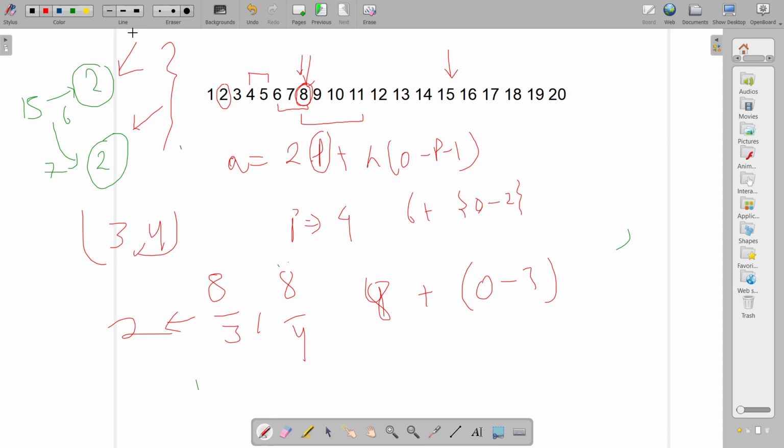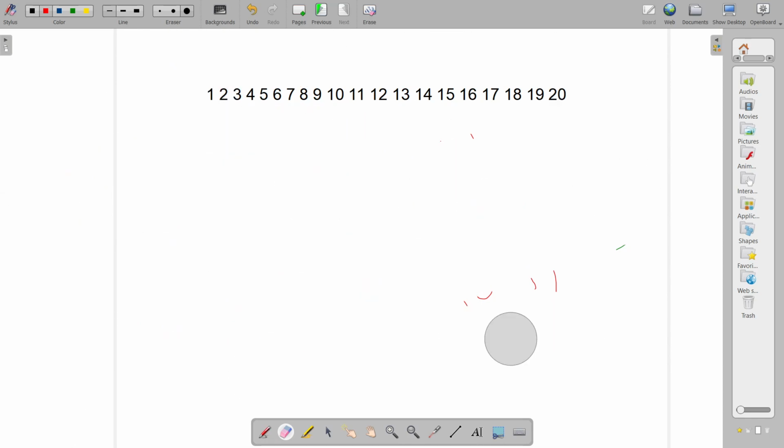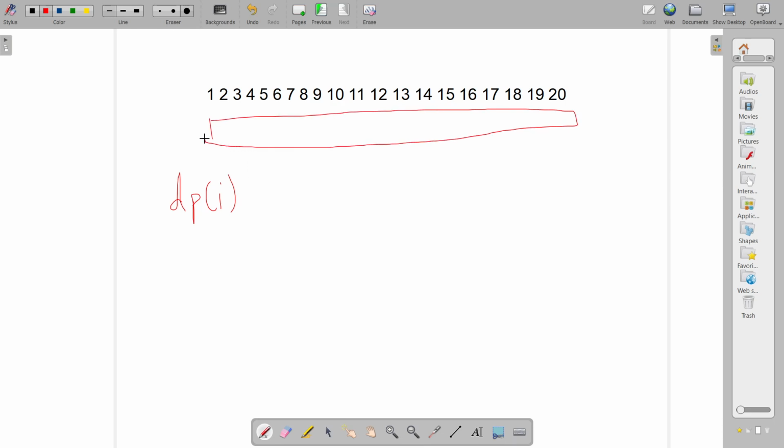I think I have explained most of the solution. I will just summarize and quickly tell what the algorithm should be. Whenever you're at a particular element, you are trying to calculate dp of I. There are a few things that you have to do. I told you about that prefix array you made, right?